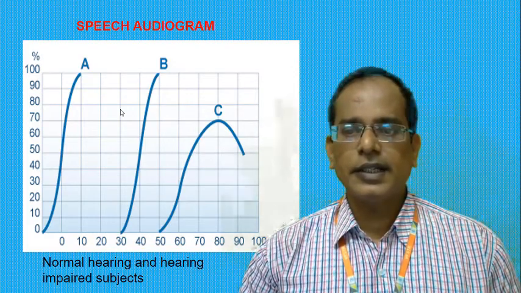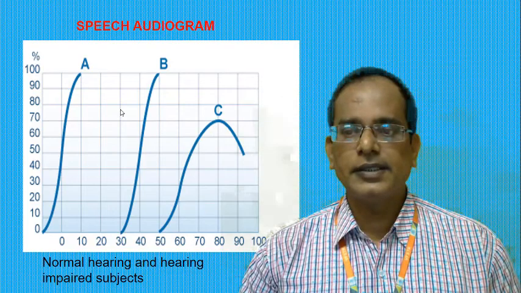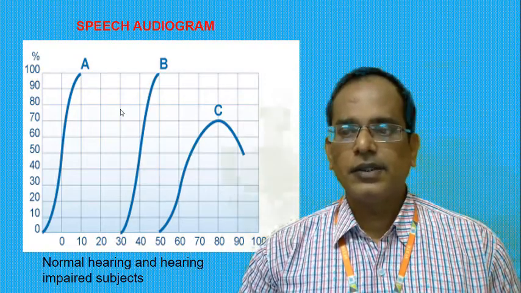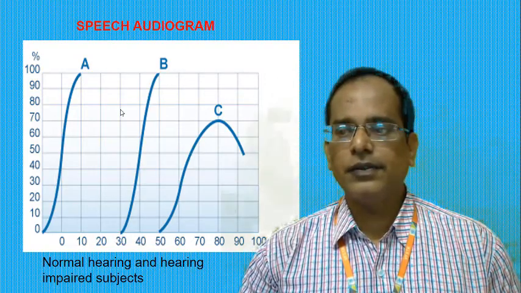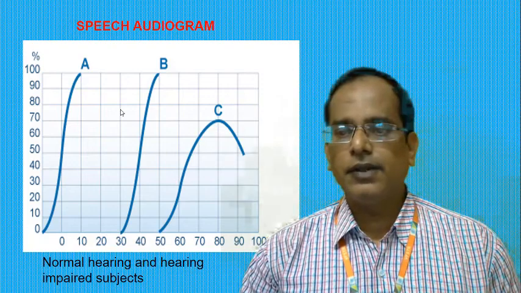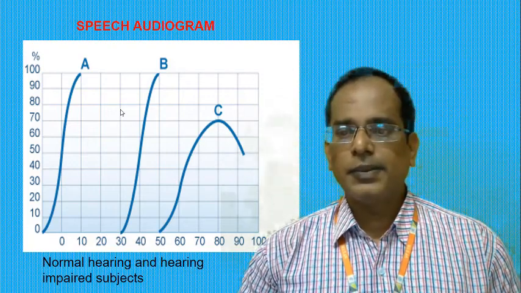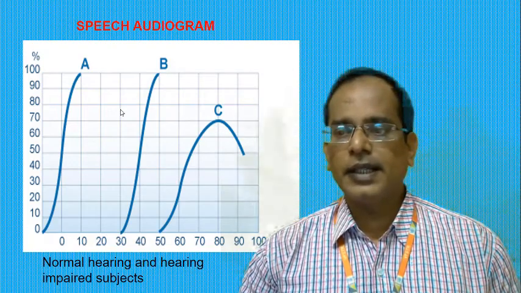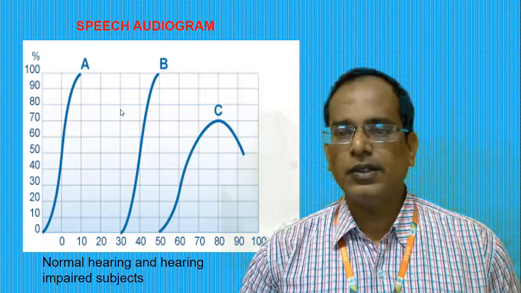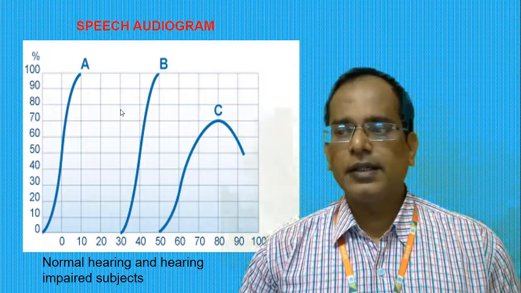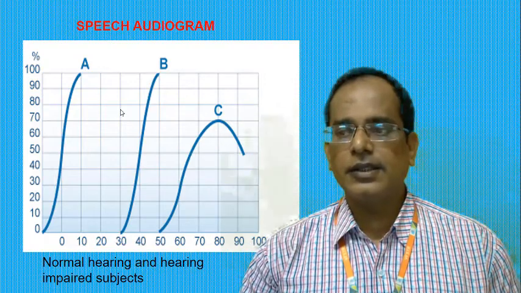The word recognition score is called WRS. The WRS test records a list of single syllable words unknown to the person, presented at the speech recognition threshold with a 30 dB HL hearing level.